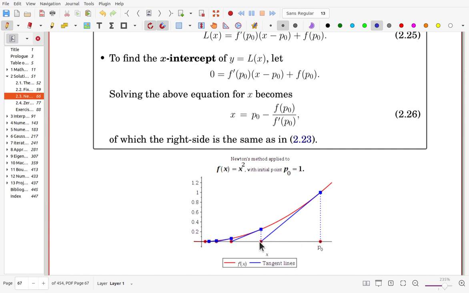So Newton's method is using a kind of linearization. Locally linear, the profile is used to get the update.